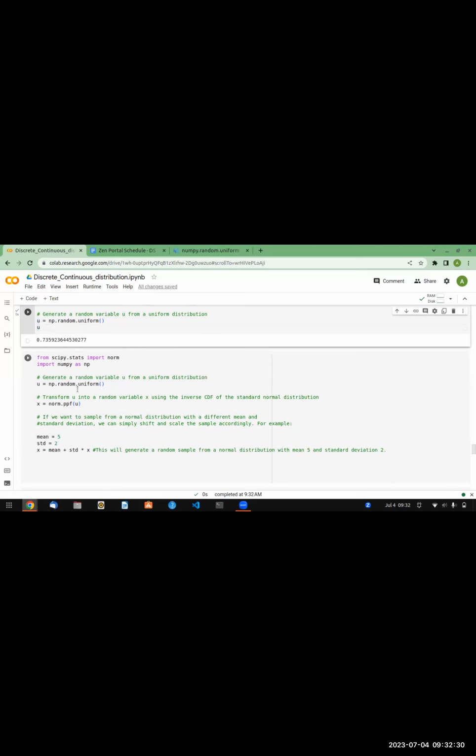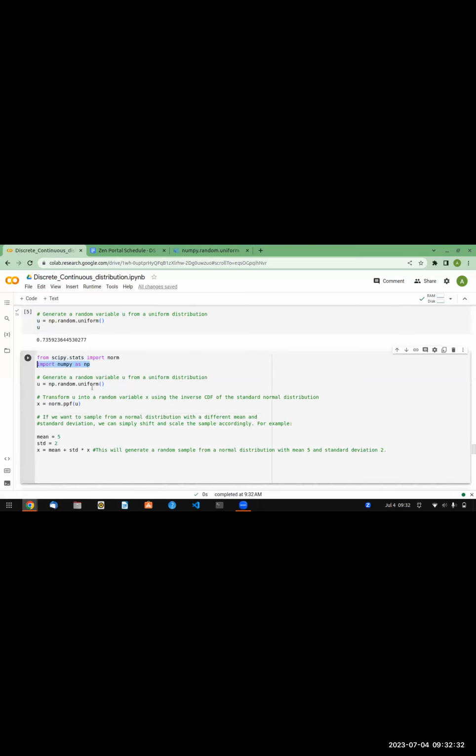Now, if you see, guys, we are doing the same thing here. We are generating the data. Whatever data or points you generate from the uniform distribution, you pass into the normal distribution dot ppf. This is the inverse of CDF. This function will do the inverse of the CDF of the normal distribution.